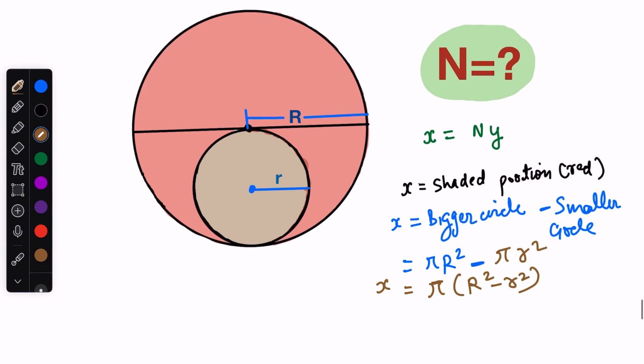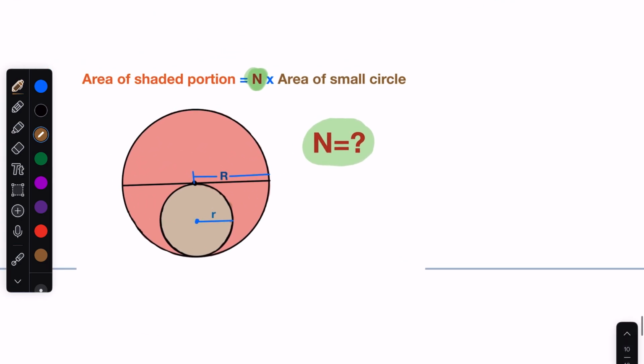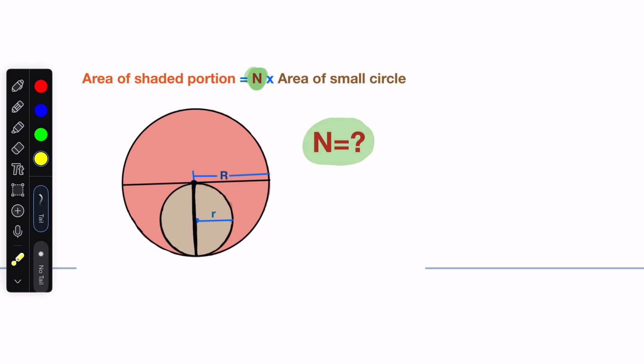So now if we see in the figure, we will find that this radius is tangent to this small circle, so this line coming from the center of the bigger circle will pass through the center of the small circle.